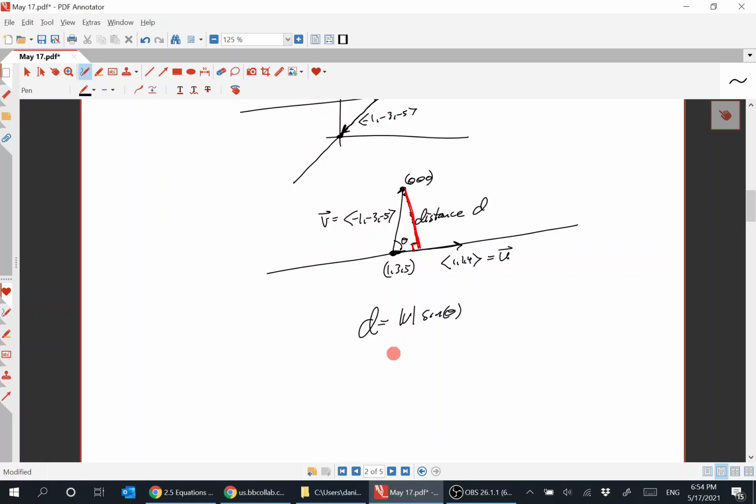Okay, so this is equal to length of u, length of v, sine of theta, over the length of u, sort of uncanceling the u. Right, and then what's this? What's length u, length v, sine theta, in terms of these products we've been talking about?